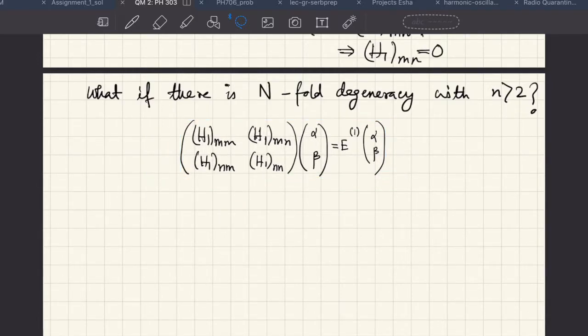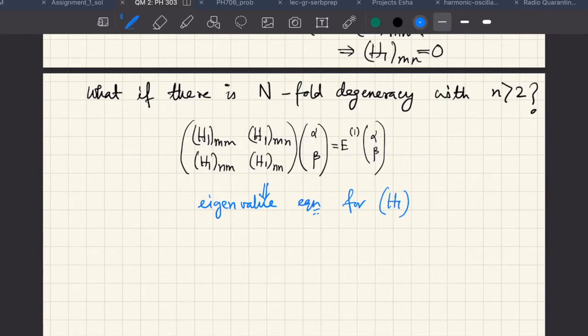This is nothing but an eigenvalue equation for H1, isn't it? That's what you can immediately see. This is nothing but an eigenvalue equation for the perturbation matrix H1. And E1s are the eigenvalues of this H1 matrix.